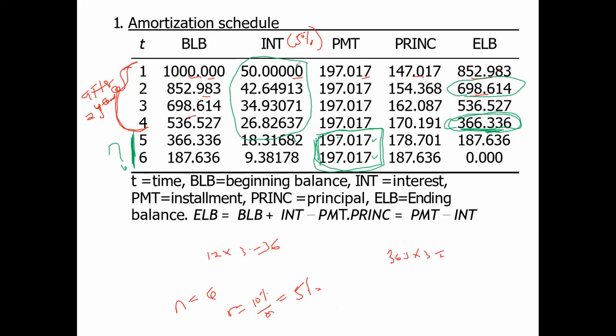So 50 plus 42.65 plus 34.93 plus 26.83. Okay, so you can just get it straightforward.